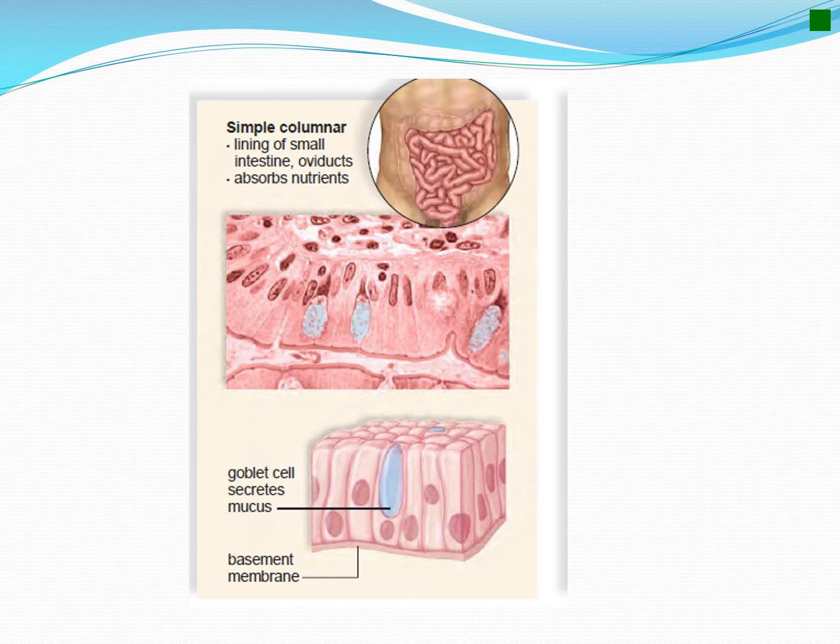This diagram shows the simple columnar epithelium, and the principal thing to notice here is the presence of goblet cells. Goblet cells, because of their shape, obviously, are cells specialized in mucus production and secretion.